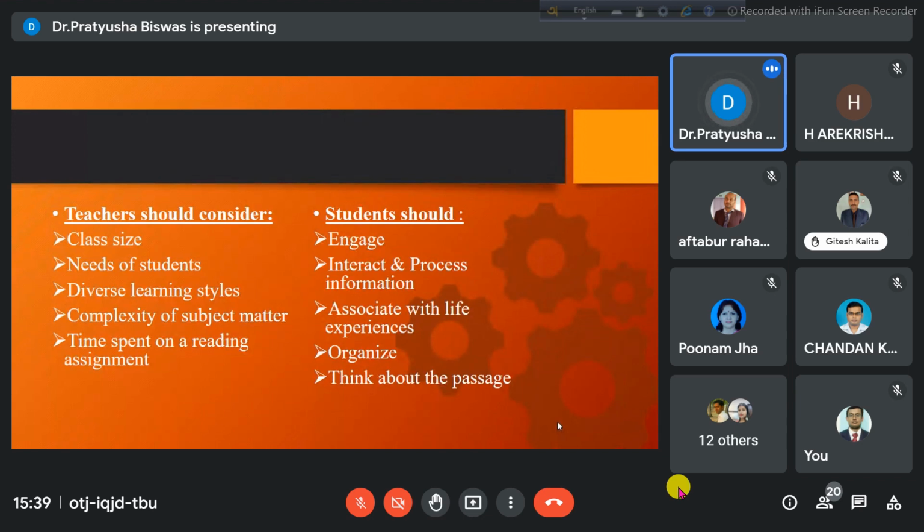Interact and process information. It is not possible for us to absorb all kinds of information for all subject contents. But when we constantly interact, we try to process the information best suited to our ability and our needs. Associate with life experiences.